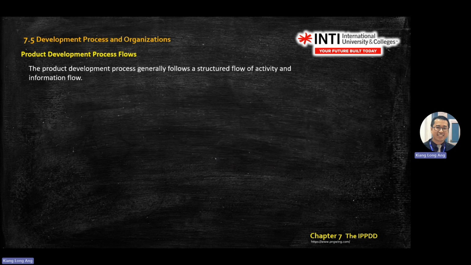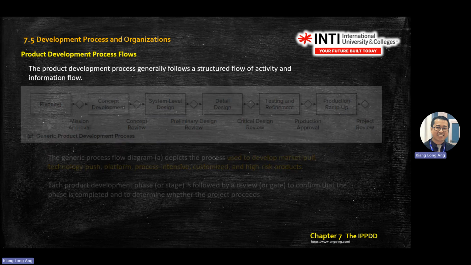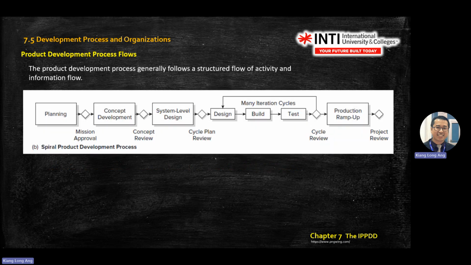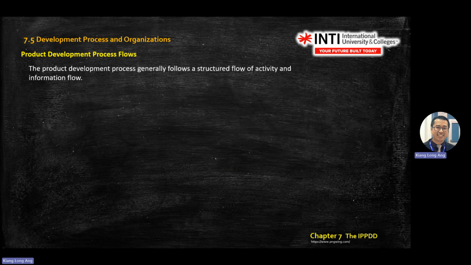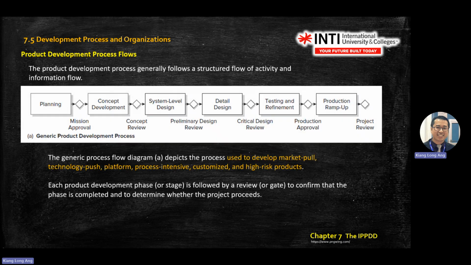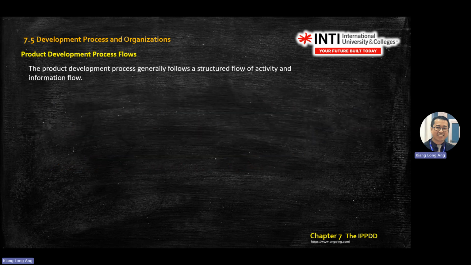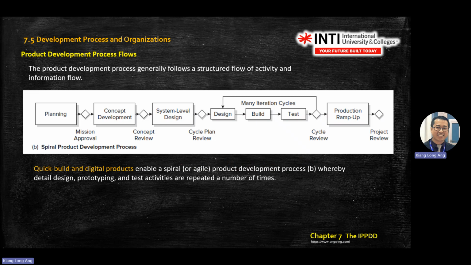What is the difference? If you put them side by side, the difference is here, after system level design. If generic, only have one, but if spiral, it means there's a loop from design to test. Okay.